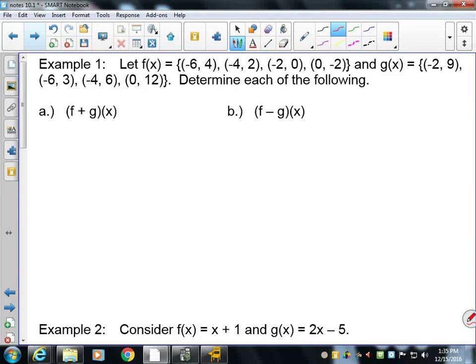Here they give us some points and they ask us to find f plus g of x. Do the x values change? No, it's just the y value that changed.